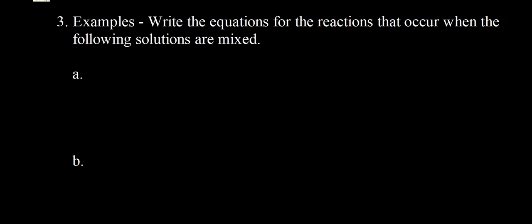Letter A. Let's write the balanced equation for each of these reactions. First one we'll do together. Write the balanced equation for the reaction between nitric acid and potassium hydroxide. So I'm going to give you names to help you practice with writing formulas.